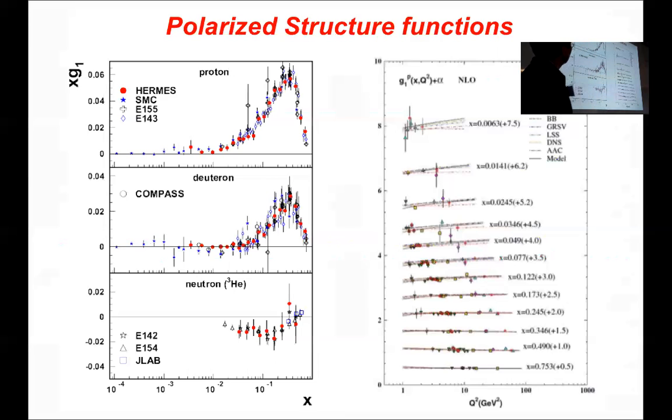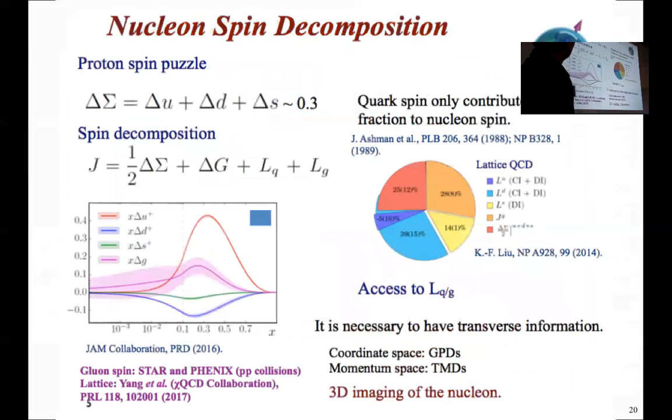Okay, the second topic I'm going to mention is the spin. There are many years, almost 30 years of experiments, but still we don't really cover as wide and as precise as the unpolarized case. And there is the puzzle of spin decompositions, also discussed in the last week or so.